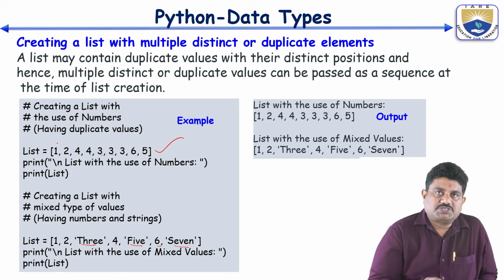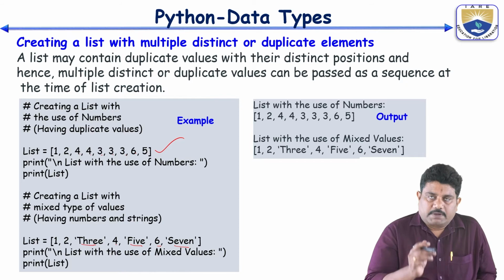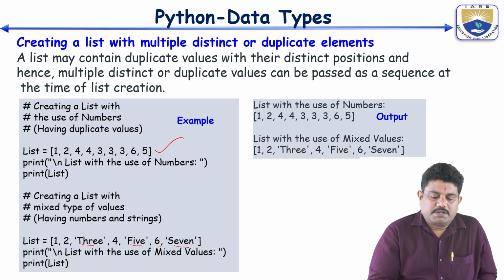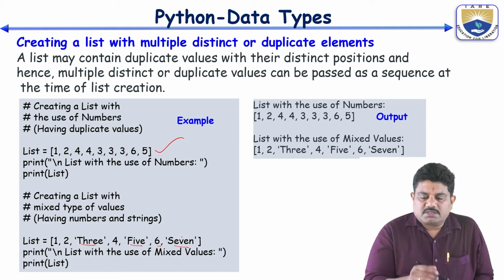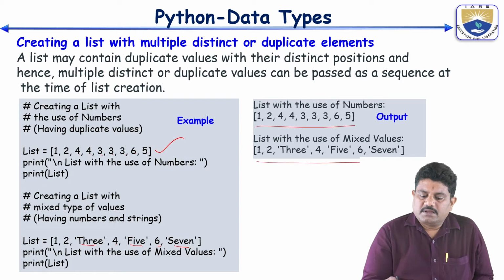You can directly mention the numbers in the list. But while mentioning strings, you need either single quotes, double quotes, or triple quotes. Here, this list contains a combination of both numeric values and string values. So these are valid, no problem at all, and because of that, without any error, it outputs.